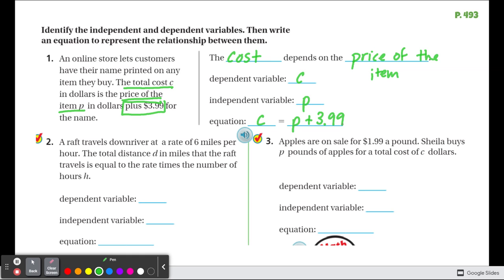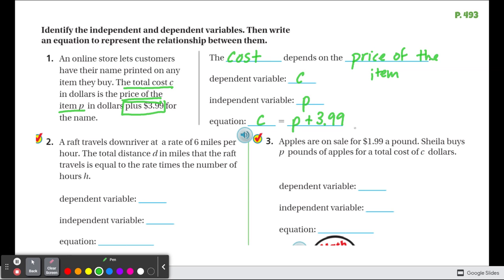A raft travels downriver at a rate of 6 miles per hour. The total distance d in miles that the raft travels is equal to the rate times the number of hours. Go ahead and see if you can identify our dependent and our independent. So think which depends on the other.